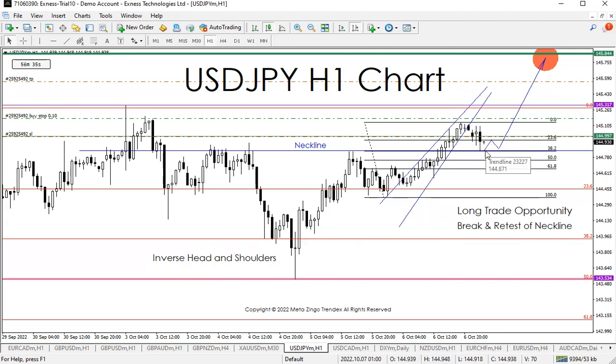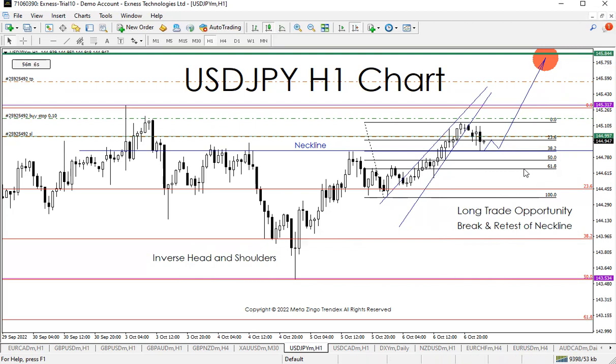So this is the structure level where the retest will terminate, at the Fibonacci 38.2, and price will push up to my first take profit target. I expect TP1 to be here and TP2 to be at the next structure level, a structure zone. So that's what I expect to play out in this setup.